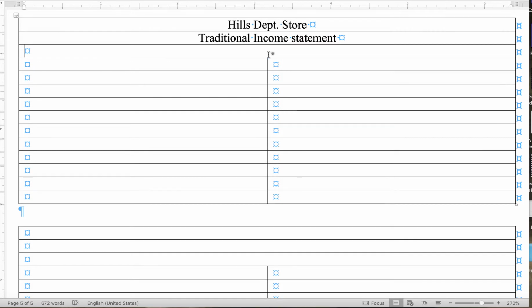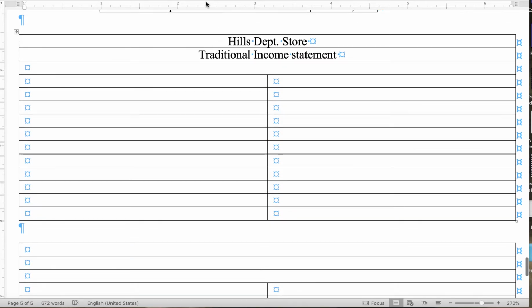Okay, remember, the income statement gives us data over time, from the beginning of one year to the end of that same year. So I'm going to say 12/31, and I'm just going to put 2001 and then an X. Okay, could be 2019 or the end of 2019, could have been the end of 2018, doesn't matter.